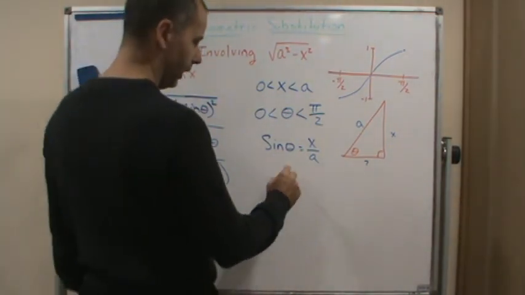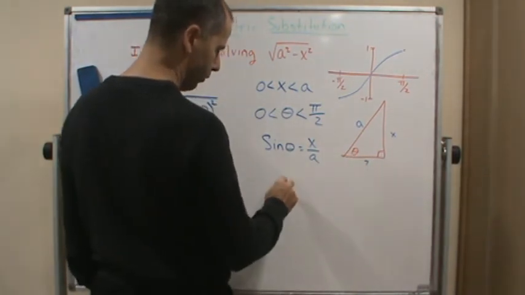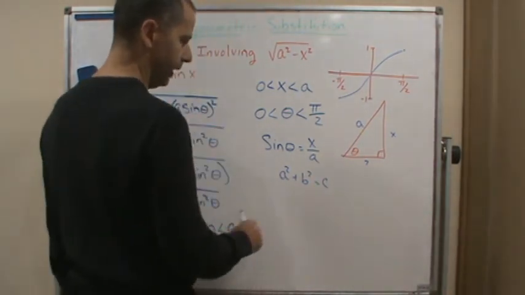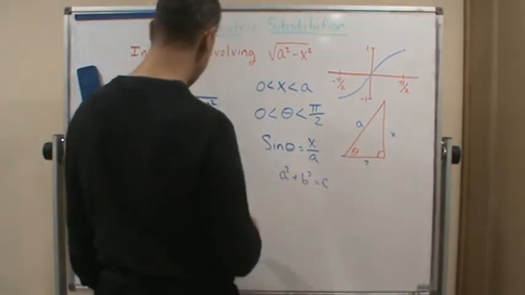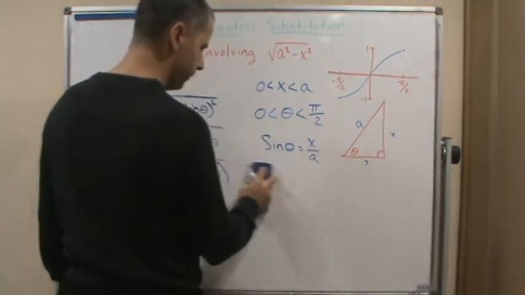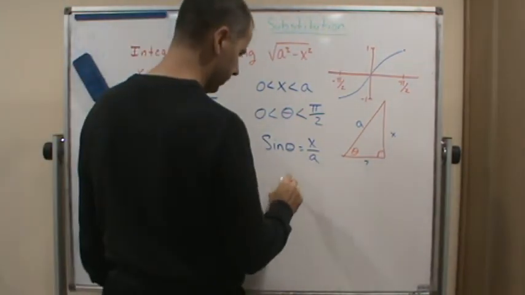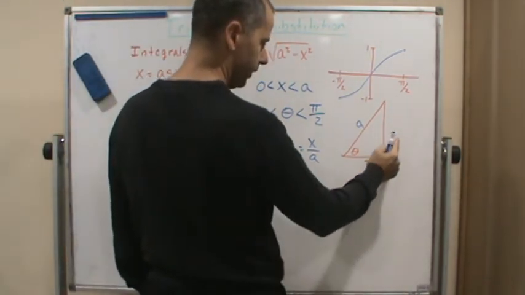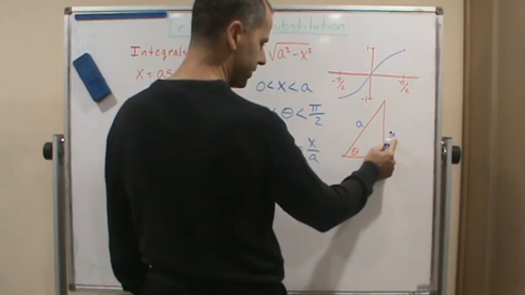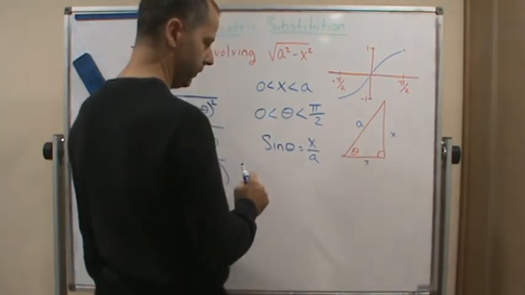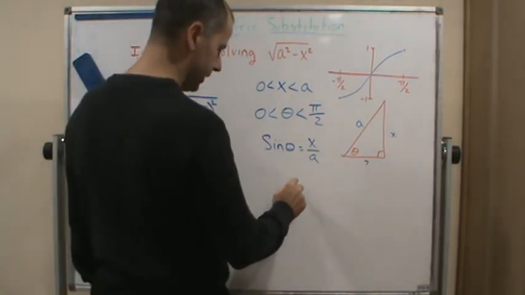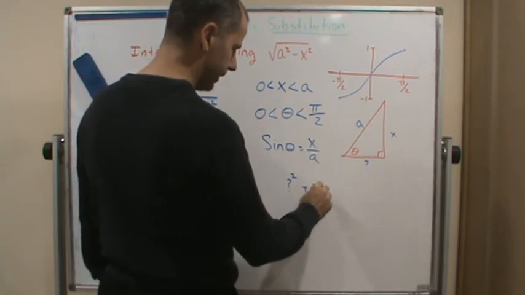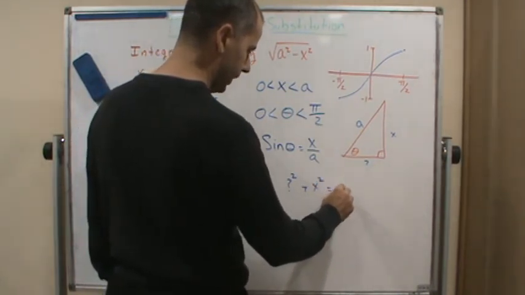Remember, the general form for the Pythagorean theorem is a squared plus b squared equals c squared, where c is the hypotenuse. Well, in this case, a is the hypotenuse. So it's this side squared plus this side squared equals this side squared. So our question mark squared plus x squared equals a squared.